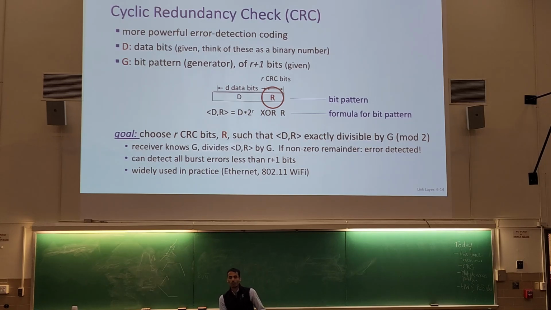If I asked you what number I should add to 63 in order to make it divisible by 5, you can tell me in a fraction of a second that you need to add 2. Or what's the smallest number I can add to 63 to make it divisible by 5? It's 2, giving 65. That's what we're doing, except we're doing this in XOR arithmetic.